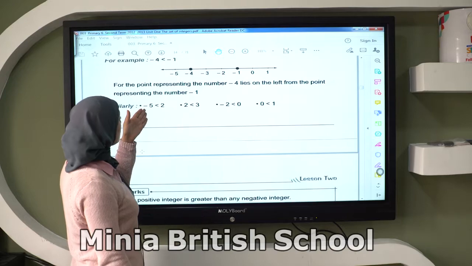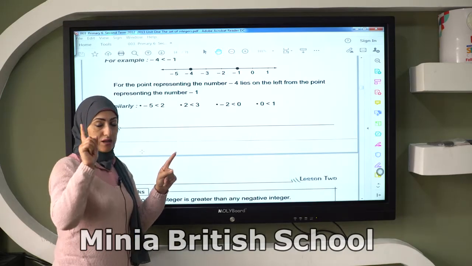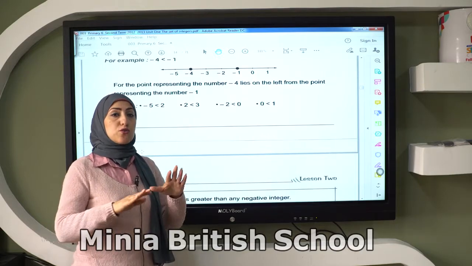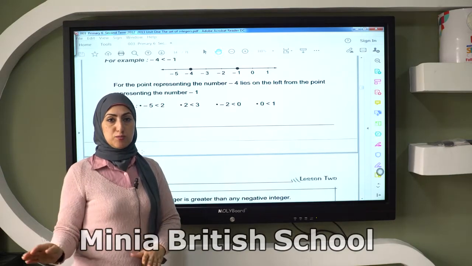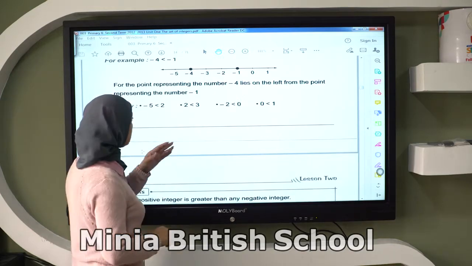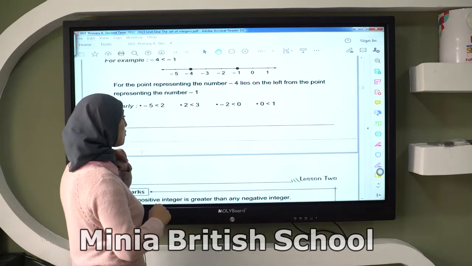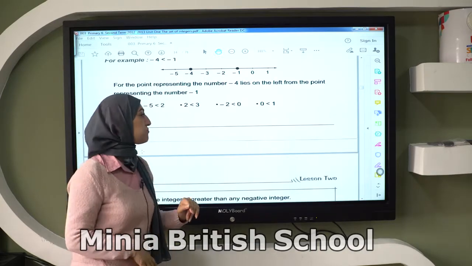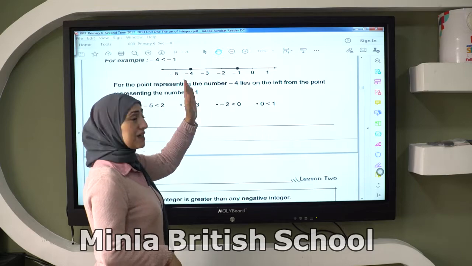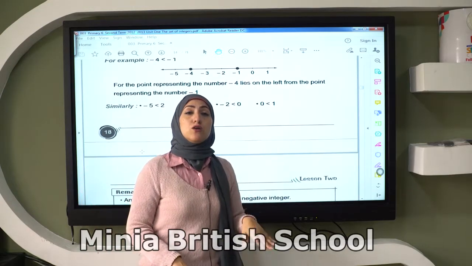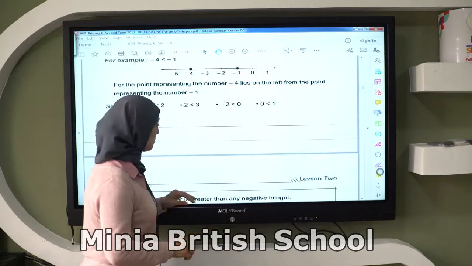And before I forget, any negative number is of course smaller than any positive number, and smaller than 0 also. So negative 1 is smaller than 2. 2 is smaller than 3. Negative 2 is smaller than 0. 0 is smaller than 1, and so on, okay?